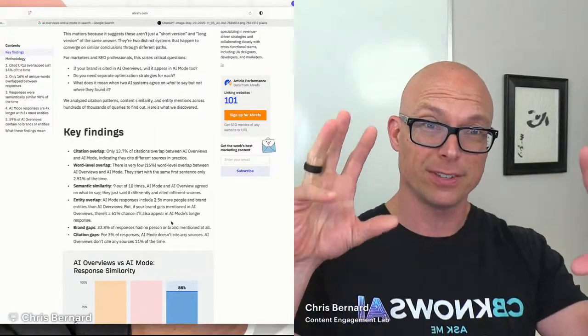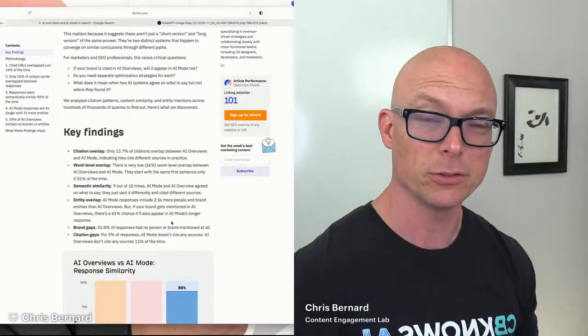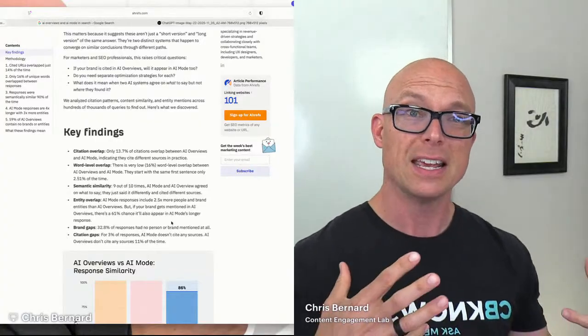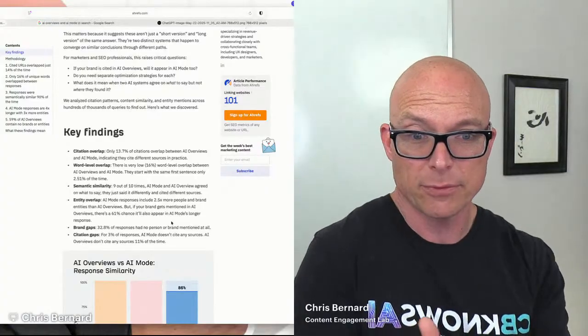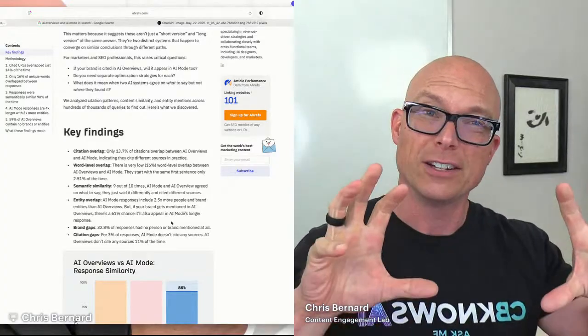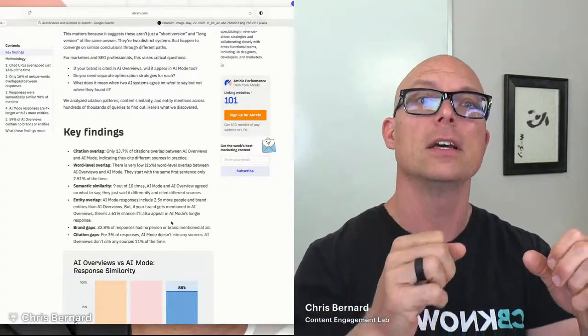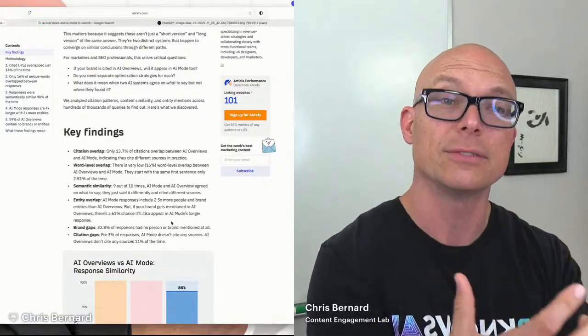That means in terms of traditional keywords, like, okay, I'm going to build that into a page, there's only about 16% overlap between those things. They start with the same first sentence only 2.5% of the time. So again, in terms of actual content, what's being displayed is somewhat different in terms of that algorithm.